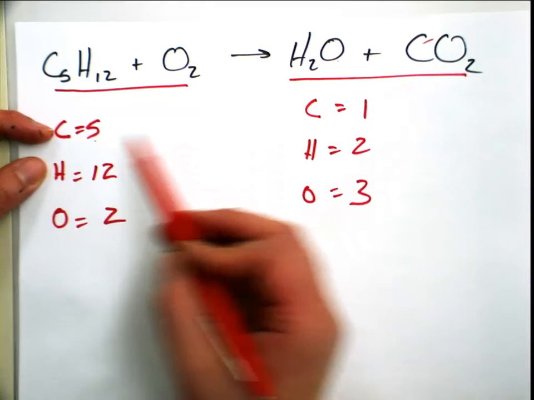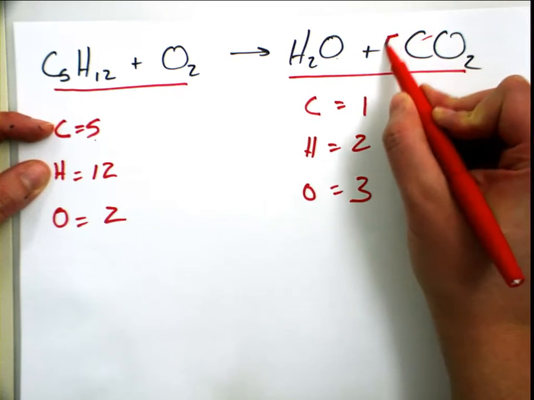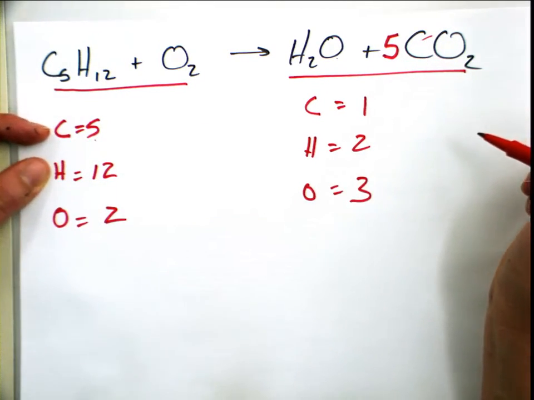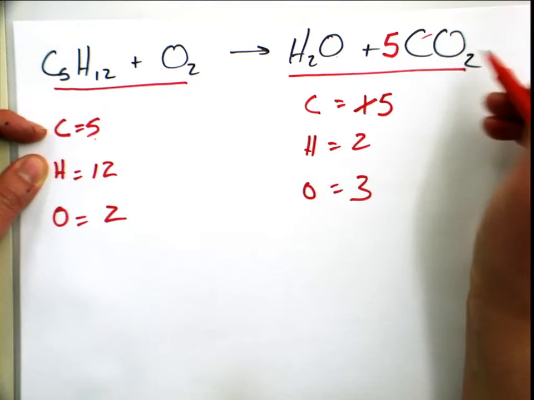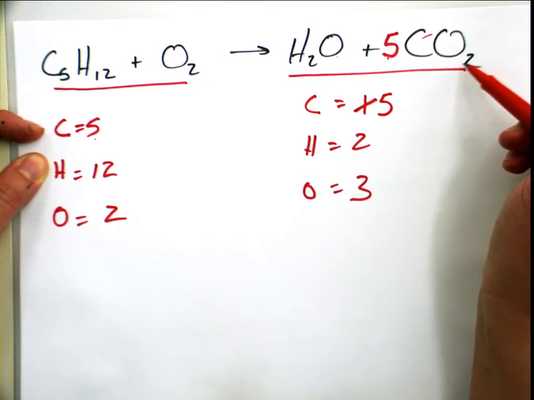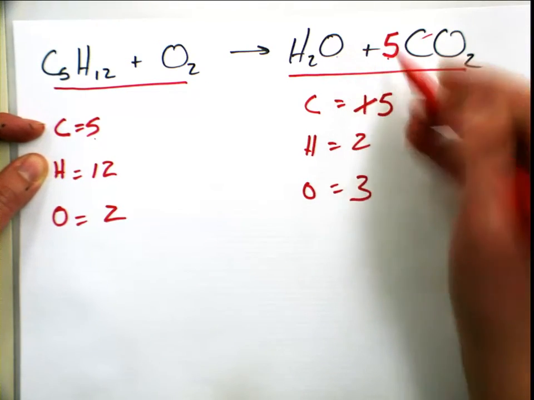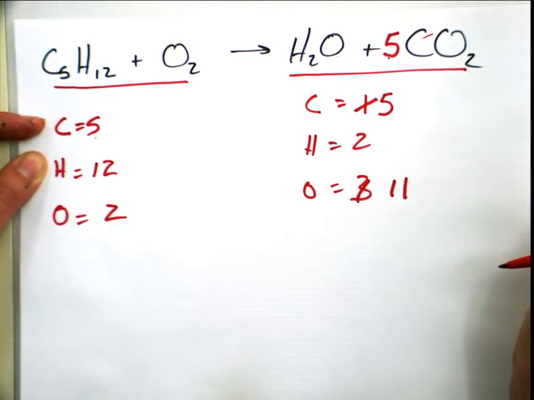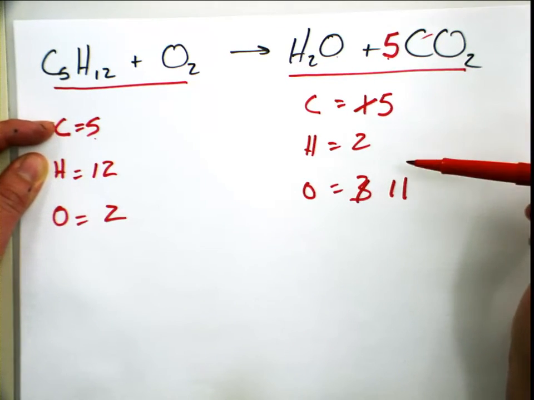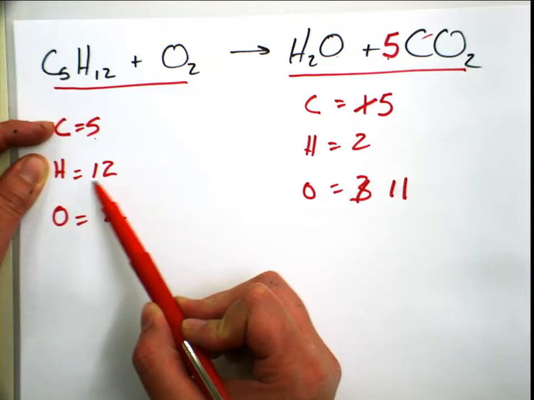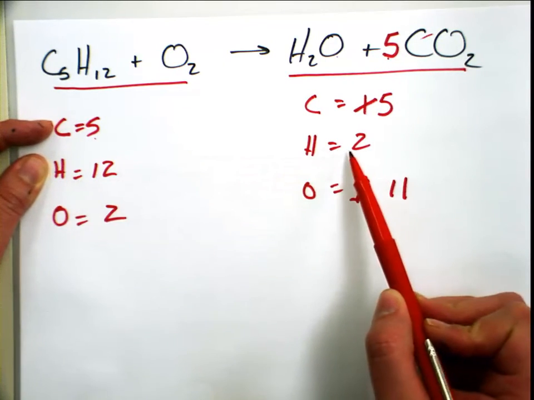We need 5 carbon on the product side, so we can put the coefficient 5 in front of carbon dioxide. That now gives us 5 carbon on the product side, and 5 times 2, 10, plus 1, 11 oxygen on the product side. To balance for hydrogen, we need 12 atoms of hydrogen on the product side.